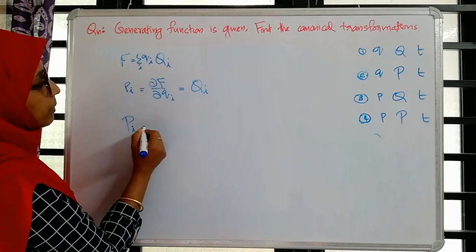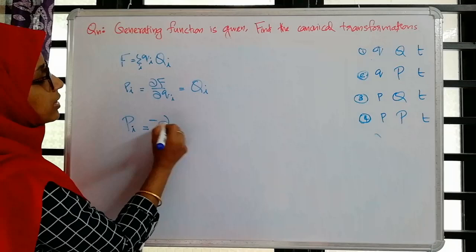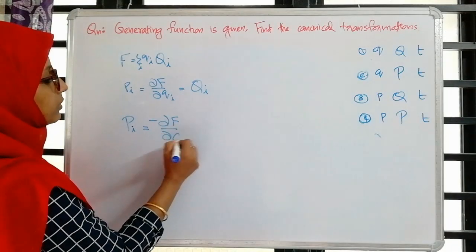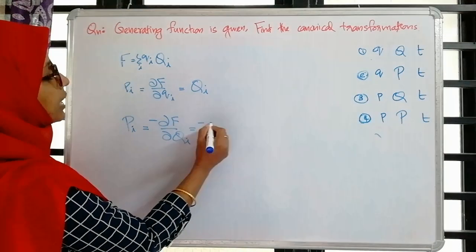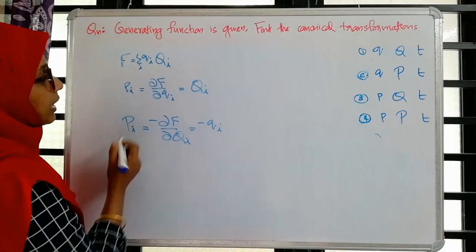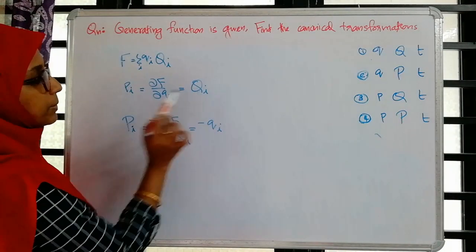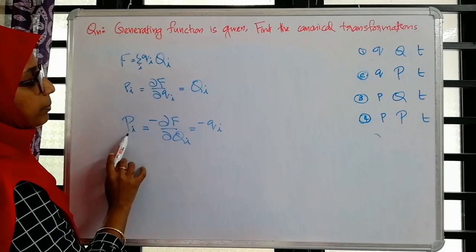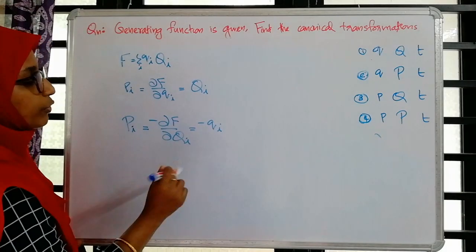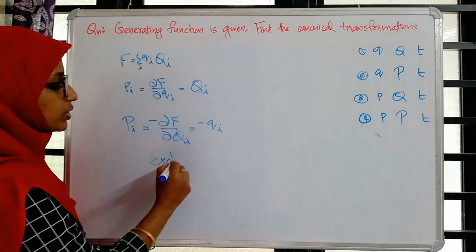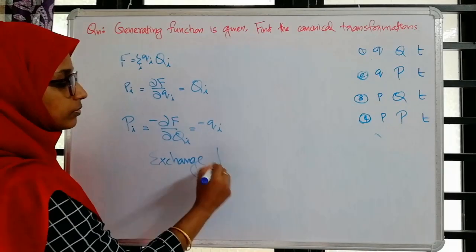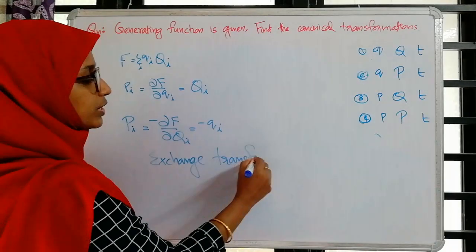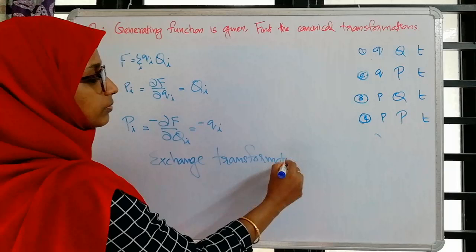And here capital Pi is equal to minus of dou f by dou Qi, that's equal to minus of qi. Here small pi is equal to capital Qi and new capital Pi is equal to minus of old qi, and this is known as exchange transformation.